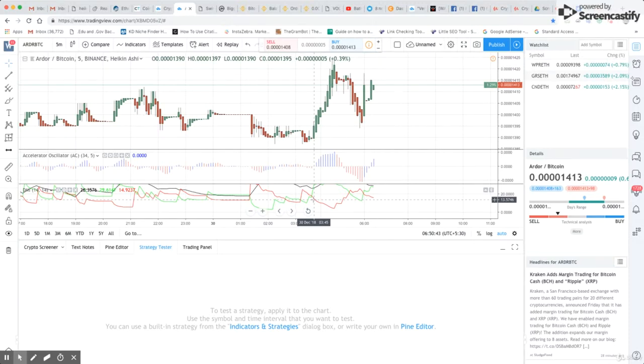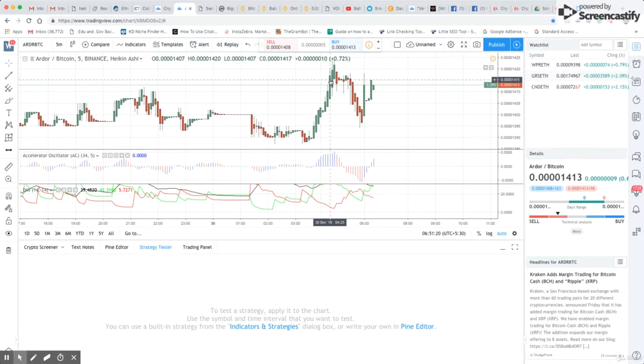So let's say you would have put your profit margin at 1.5% and you have taken the entry at 1395, somewhere here. So 1395 and your 1.5%, that is 20 points up. That is 1395 plus 20, roughly 1415. So 1415 satoshis is here, somewhere in this region. In this candle, you would have made 1.5% profit.